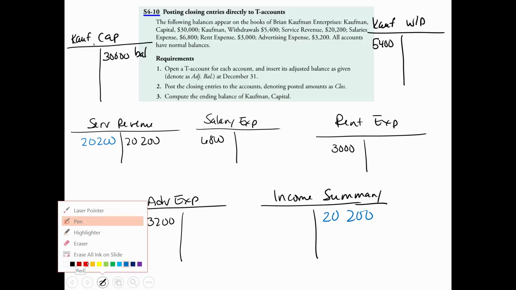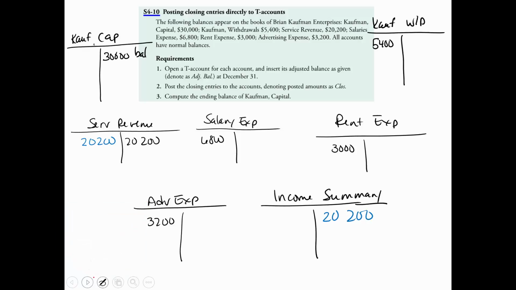Then the next step is to close each of the expenses to income summary. So I would debit salary expense, I would debit rent expense, I would debit advertising expense, and then those three together equal $13,000.